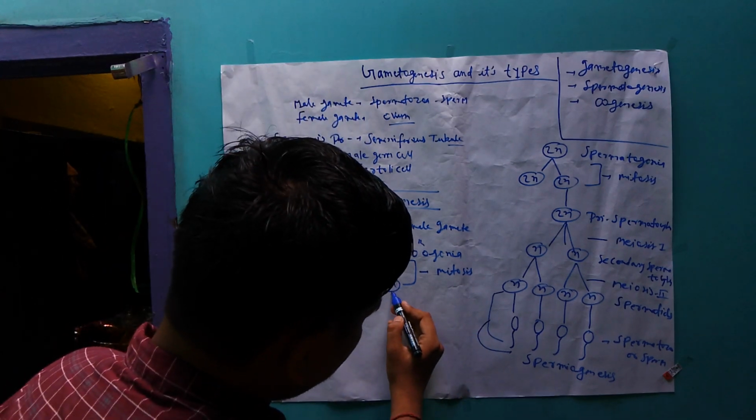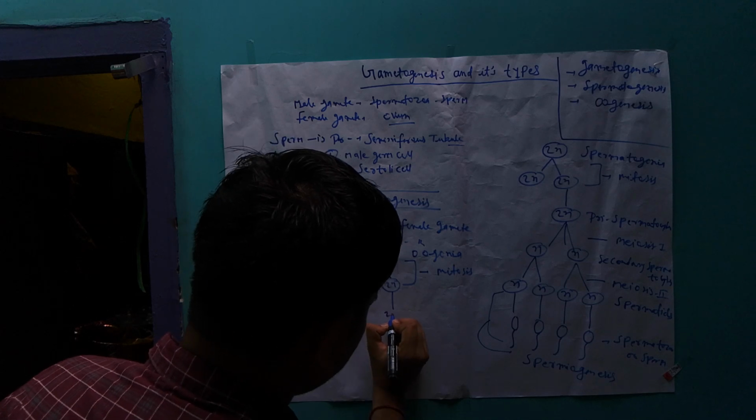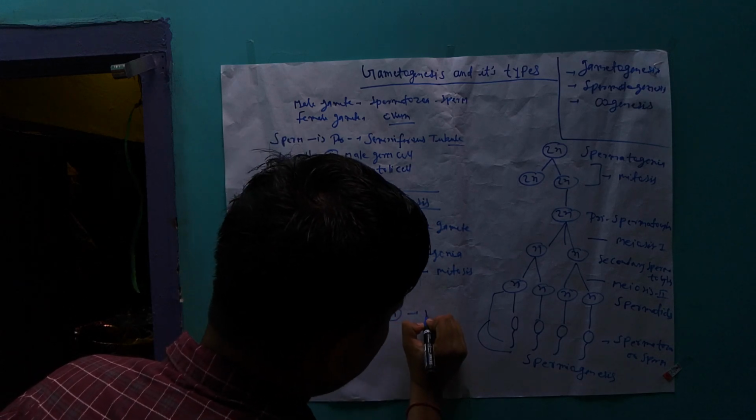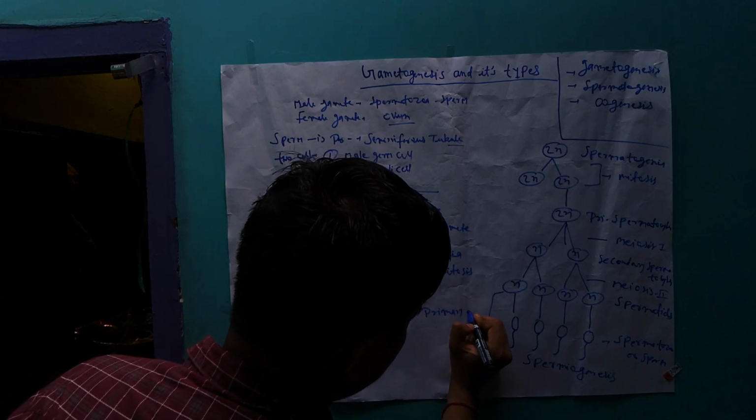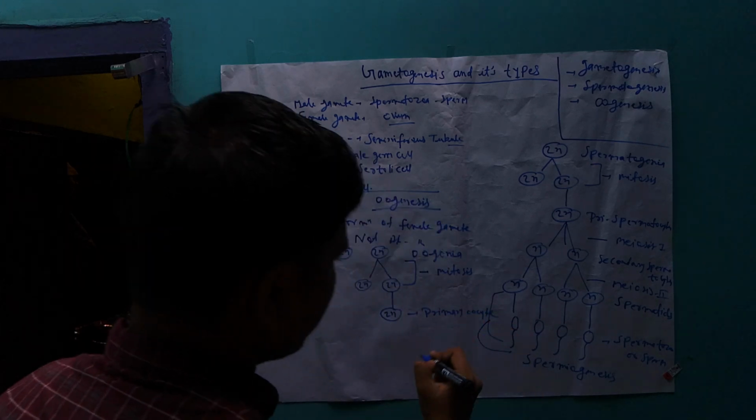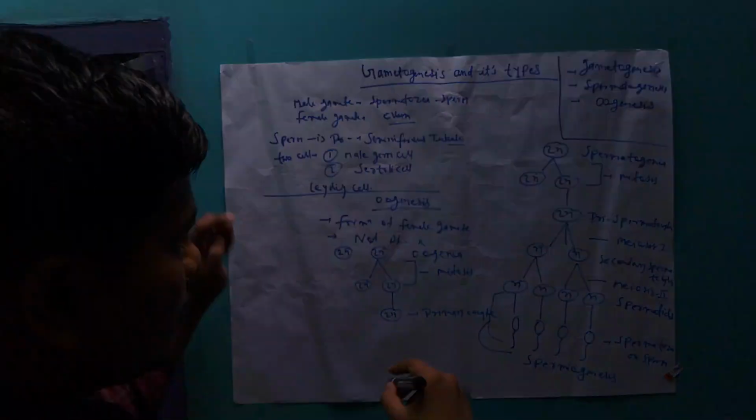This 2N undergoes division. This is called the primary oocyte.